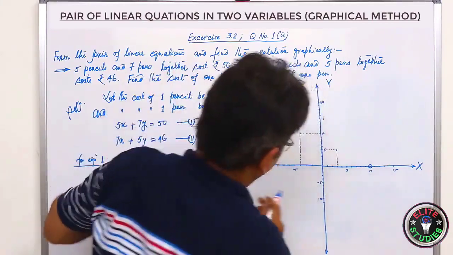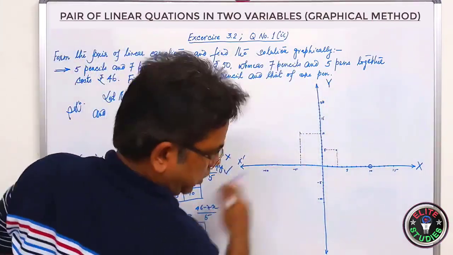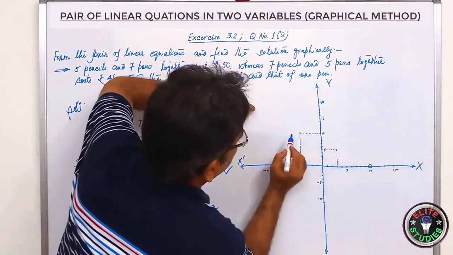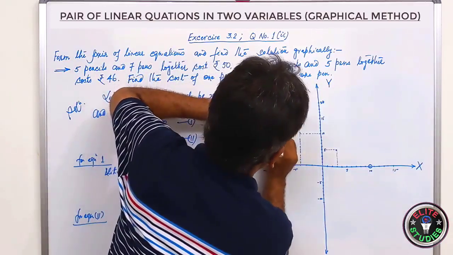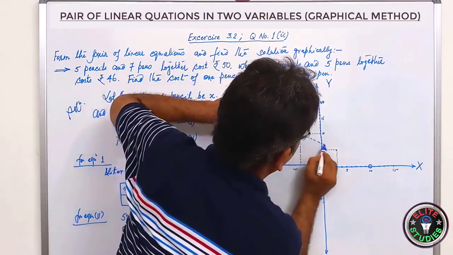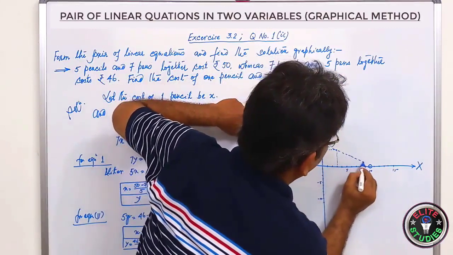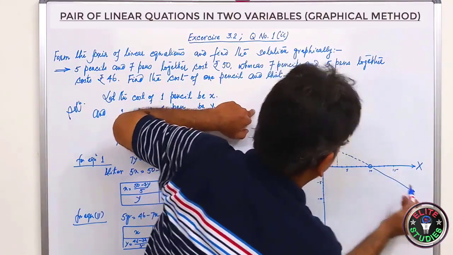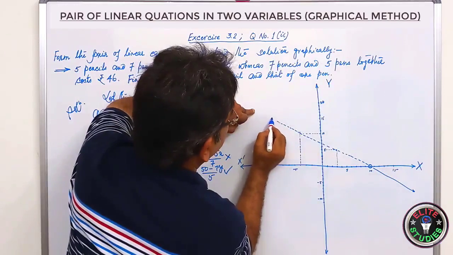It is coming here. So we can see that the graph is going like this.